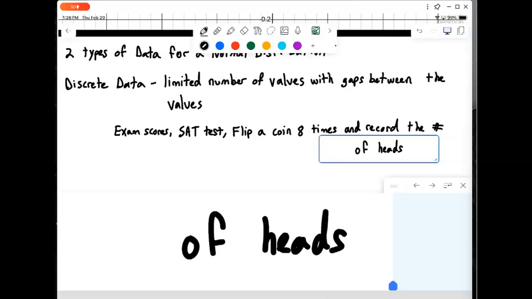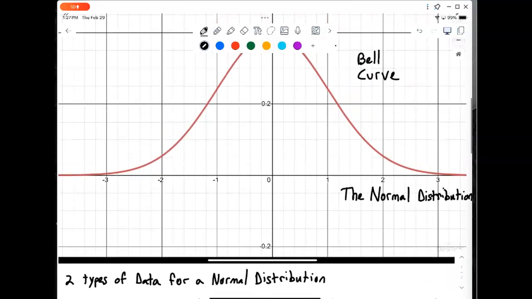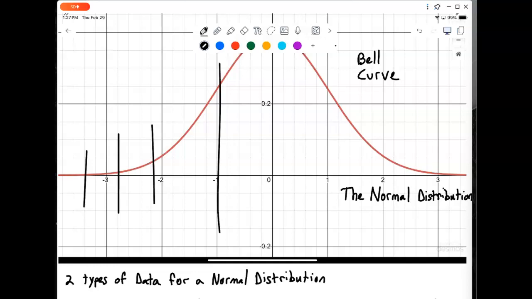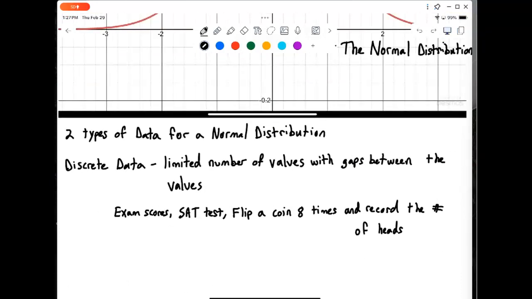It turns out the number of heads would fit one of these normal distributions, where getting one head on 8 flips is something real low down here. Getting 2 is a little more likely. Getting 3 is a little more likely. Getting 4 is a little more likely. 5 and so on, all the way through. It's going to fit one of these distributions. Those are just a couple of examples there.